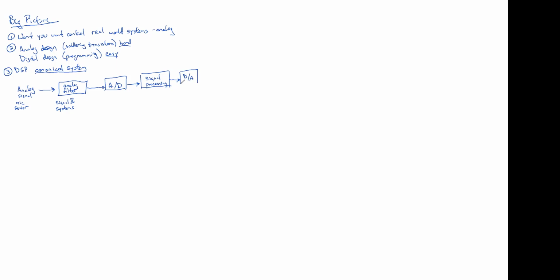And then you'll send it through a digital to analog converter. You'll send it through another analog filter. The first analog filter was called an anti-aliasing filter. The second one is called a reconstruction filter.